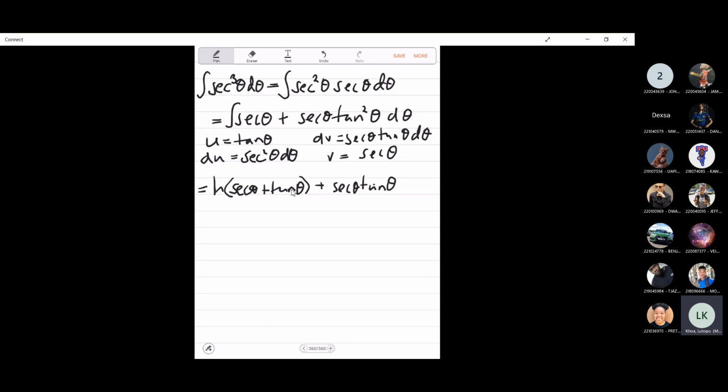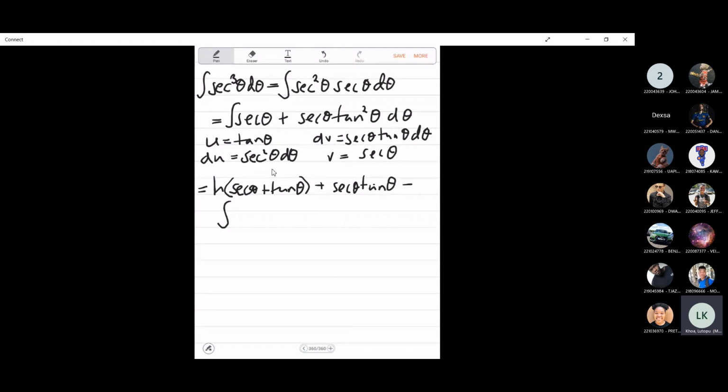Okay, so this is the integral of sec theta. Then to integrate this one here, we use the by parts method. So it's u times v, so it's sec theta tan theta, and then minus the integral of v times du.